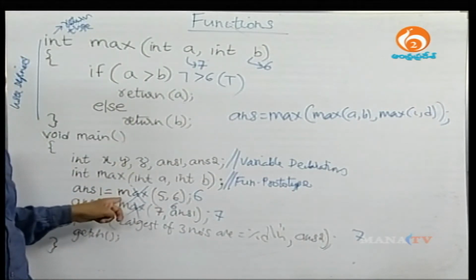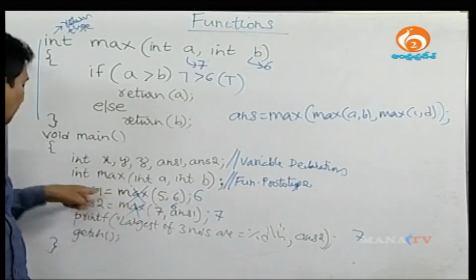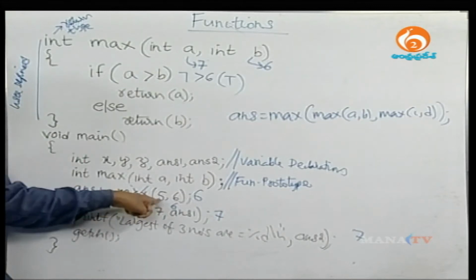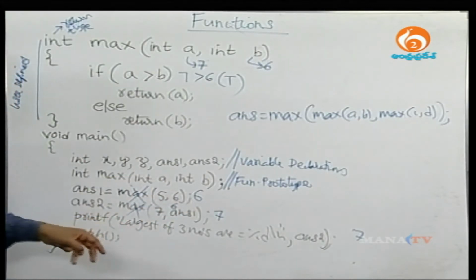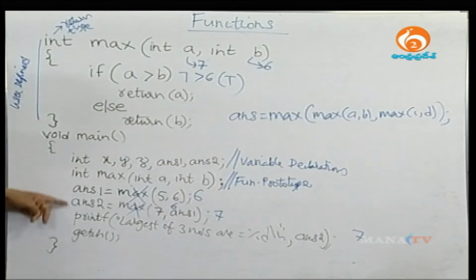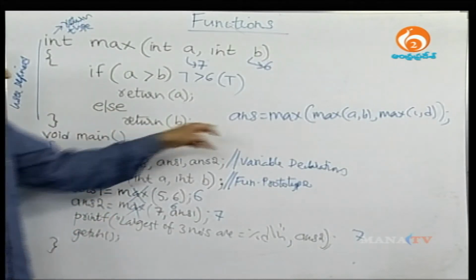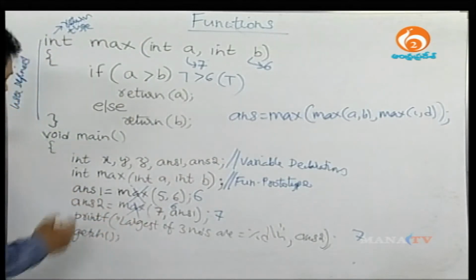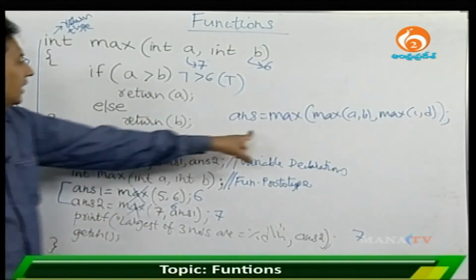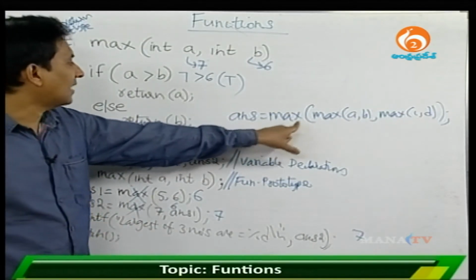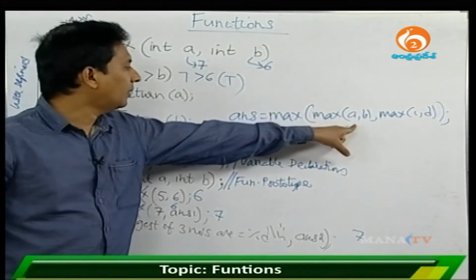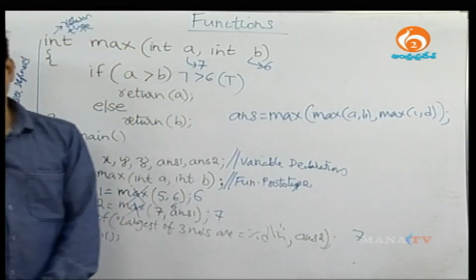If you want to call with only 2 numbers, just use max of a comma b. If you want to find out 3 numbers, use answer 2 times. If you want to find out 4 numbers, instead of writing these 2 steps, write answer equal to max of max a comma b comma max c comma d, that is it.